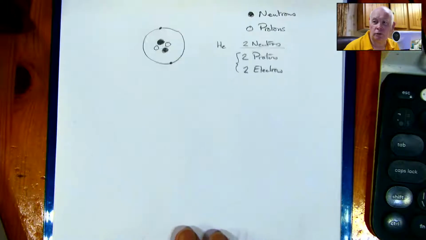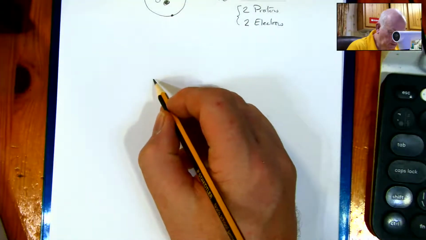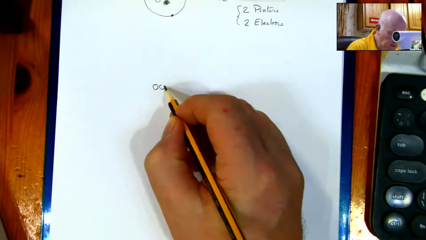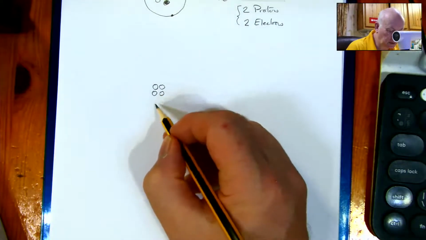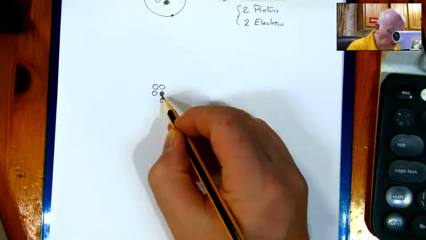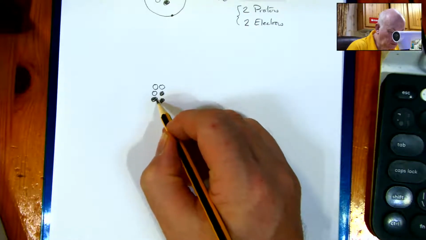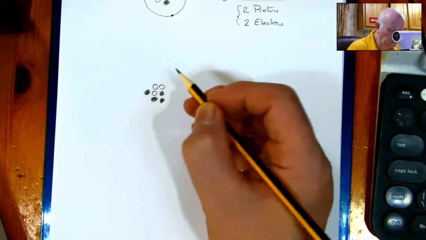If we draw another atom, this time I'm going to draw an atom of lithium. Lithium contains 3 protons. It contains 4 neutrons, and they are almost certainly arranged much better than I've drawn them.